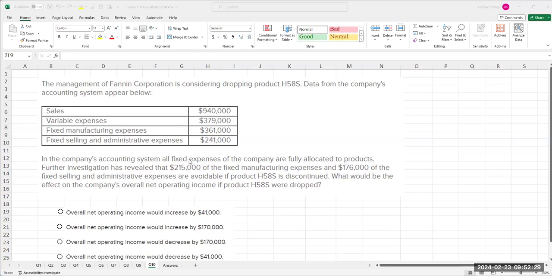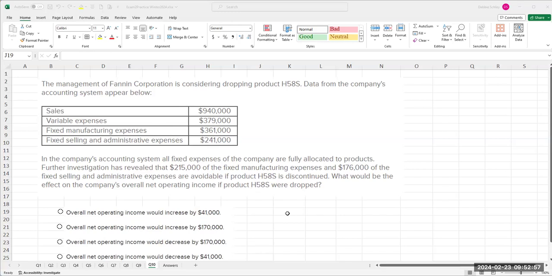What does change the fact that they're fixed expenses is further investigation has revealed that 215,000 of the fixed manufacturing expenses and 176,000 of the fixed selling and administrative expenses are avoidable. So if product H58S is discontinued or dropped, what would be the effect on the company's overall net operating income if it's dropped?